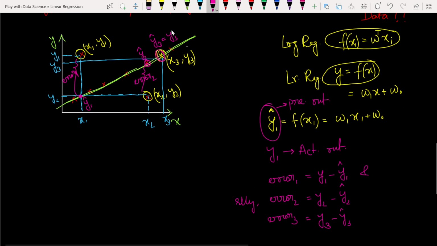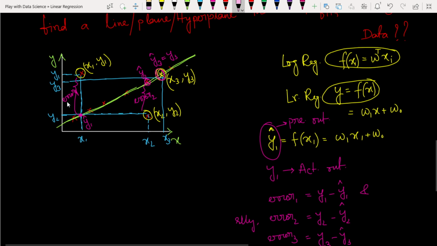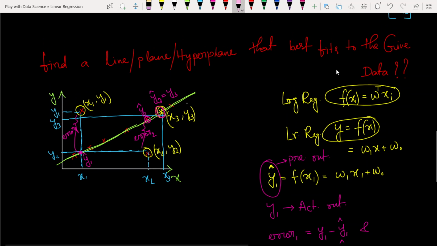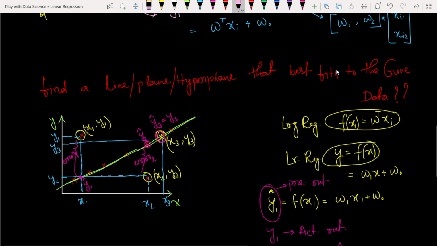Now you see that we have to find the best fit for the given data. Simply, best fit means we have to minimize the error. Error means error 1, error 2, error 3.